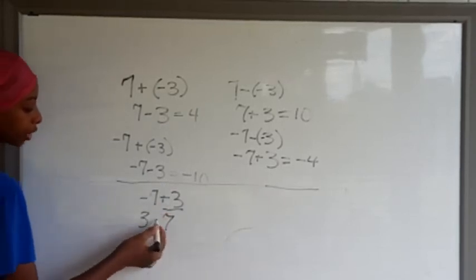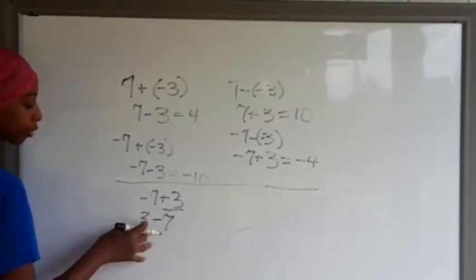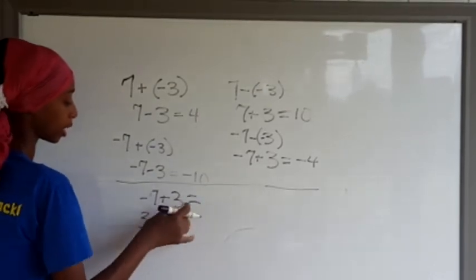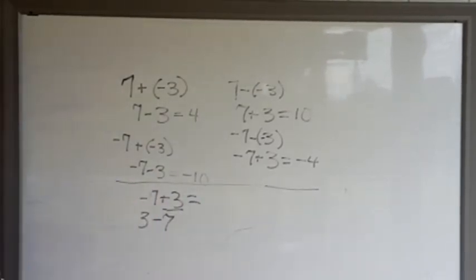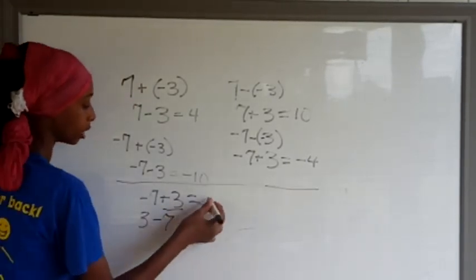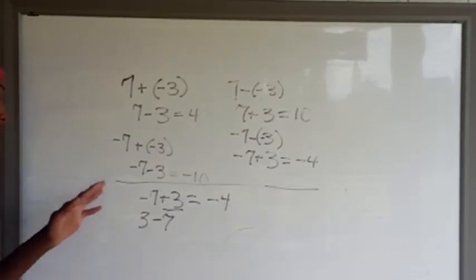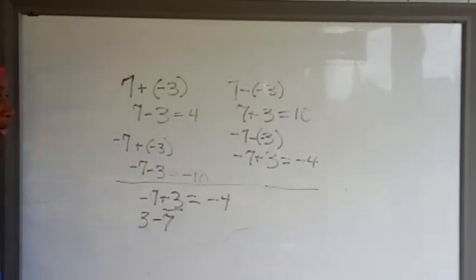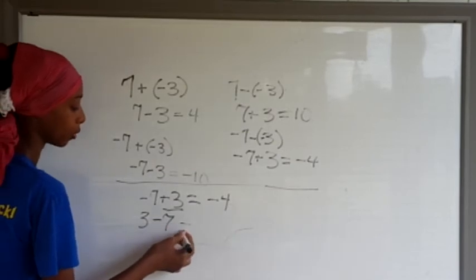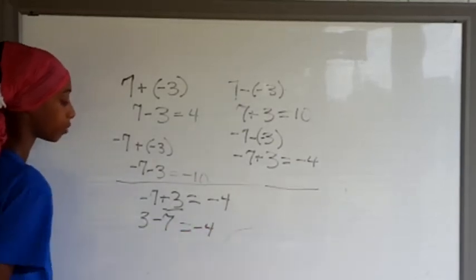There's a negative in front of 7, so we keep that there. So that would be 3 minus 7. They both equal the same thing. If I start at -7 on the number line and go to the right 3 places because we're adding, that's going to be -4. If I start at the positive 3 on the right side of 0 and go to the left 7 spaces because this is subtracting 7, we end on -4.